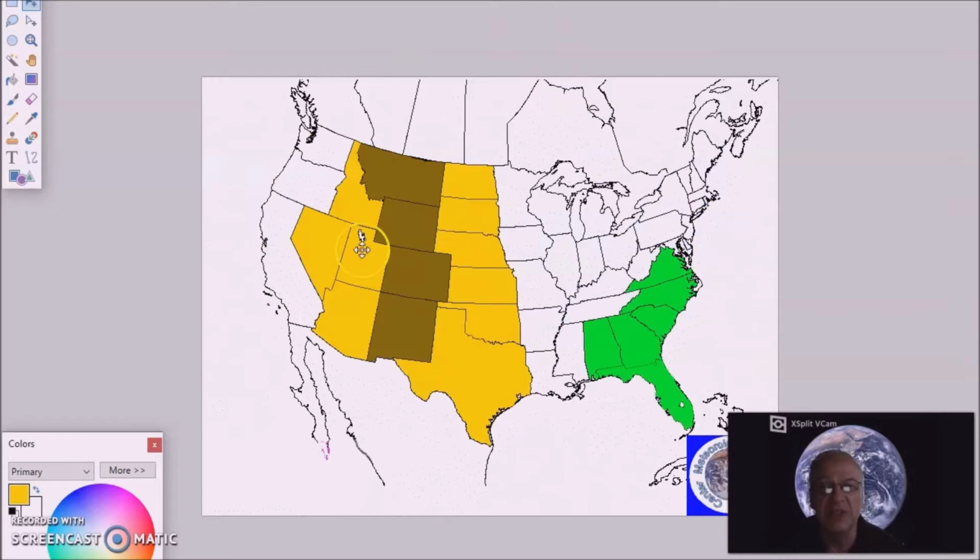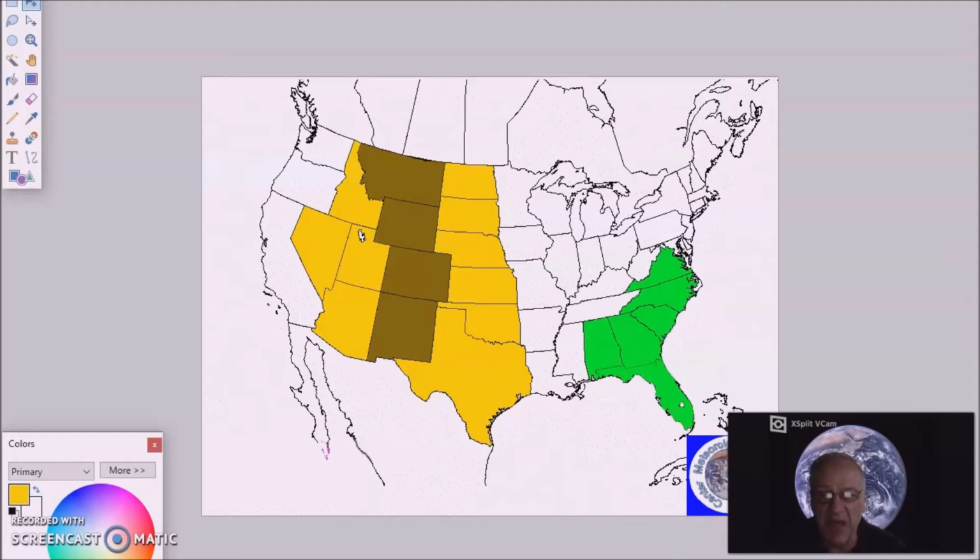For precipitation, calling for below normal precipitation for the Rockies into the plains. And above normal precipitation, I should say, is forecast here for the southeast and lower mid-Atlantic, and the probability of occurrence is 35 to 40%.